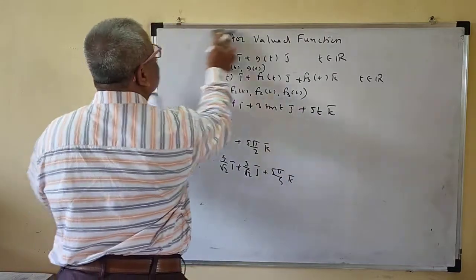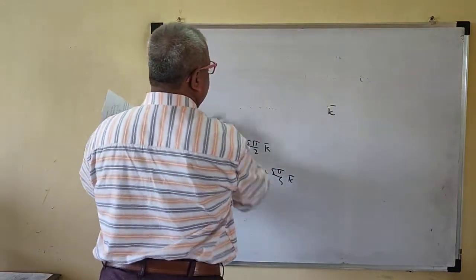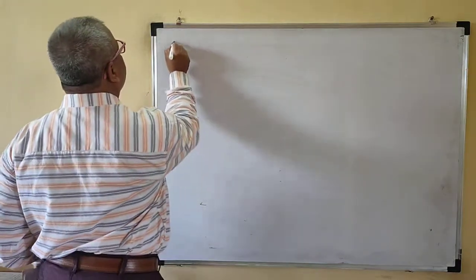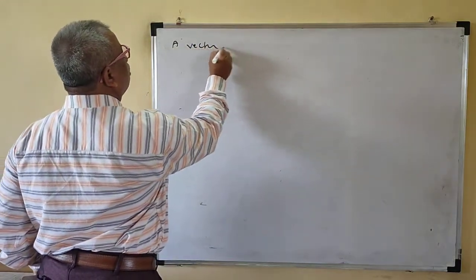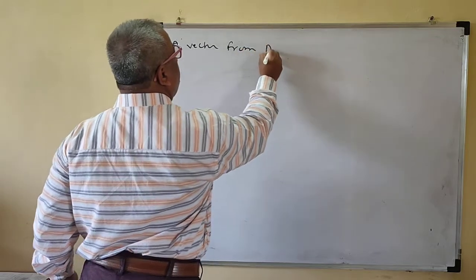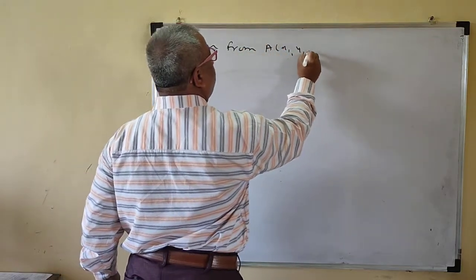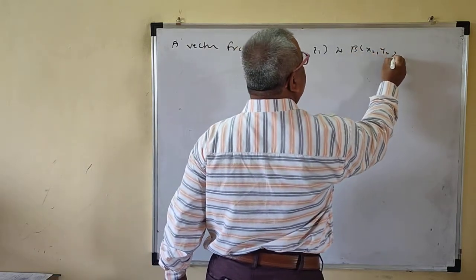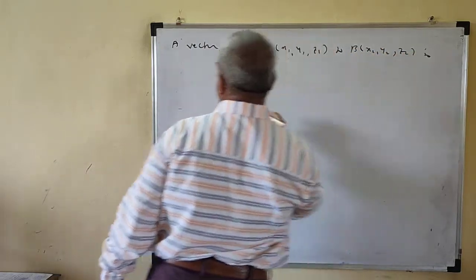Now suppose a vector from A (x1, y1, z1) to B (x2, y2, z2) is AB bar.